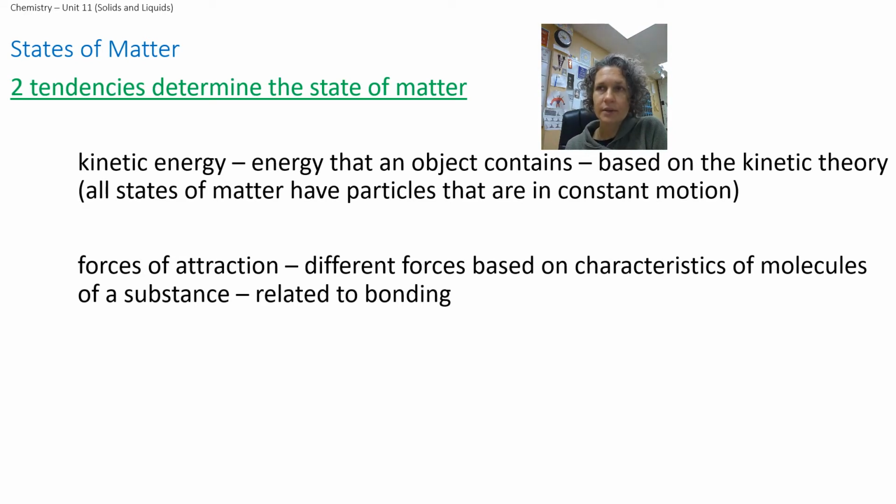That level of energy helps determine the state of matter, and so do the forces of attraction, meaning how strongly the particles are held together. It's related to bonding, which we talked about last semester, and we will retouch on some of that again. These two characteristics, kinetic energy and forces of attraction, are the push-pull on whether things stay together or apart, and how those balance out will tell us if we're dealing with a solid, liquid, or a gas.